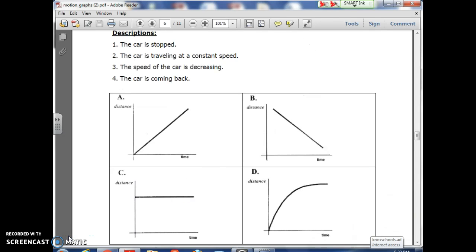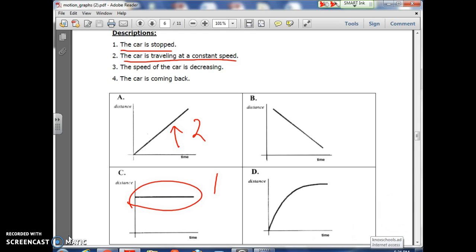Alright, let's go back up here to the top. So, car is stopped. Well, that's where distance is not changing. The only one where distance stays the same is right here. So C matches up with 1. Traveling at a constant speed, remember that's where the line stays exactly the same. So it looks like this one is a constant speed.